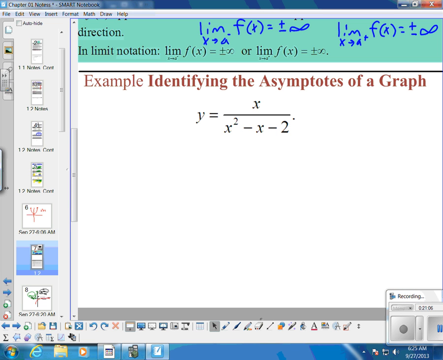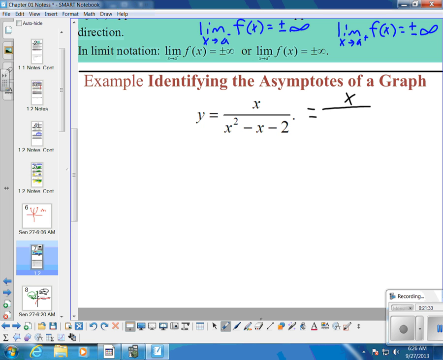So we'll do one example, and I'm just going to throw this on my graphic. So let's talk vertical asymptotes first. Where do vertical asymptotes occur? Well, they occur where you have x values that you can't use. So if we look at this function right here, what can't I use, or where am I limited in my domain? Well, whenever the bottom would equal 0.